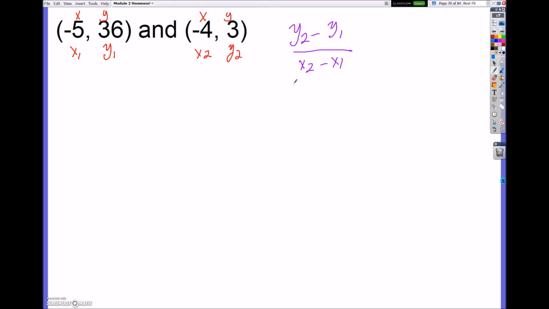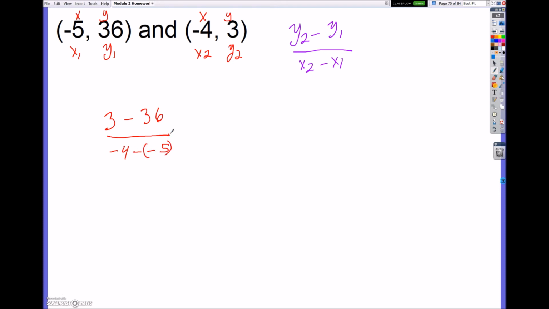So all I do now is plug these in here. This would be 3 minus 36, y2 minus y1. So this is my y2, this is my y1, all over x2, which is negative 4, minus your x1, which is negative 5. Students tend to get a little messed up right here because it's take away a negative 5.